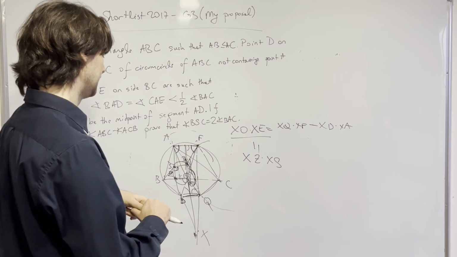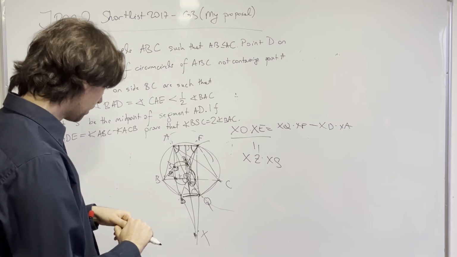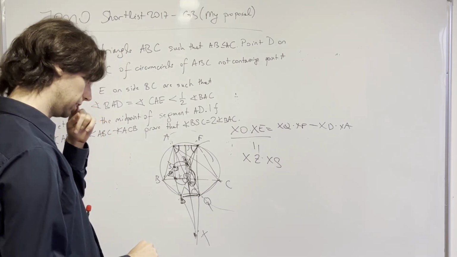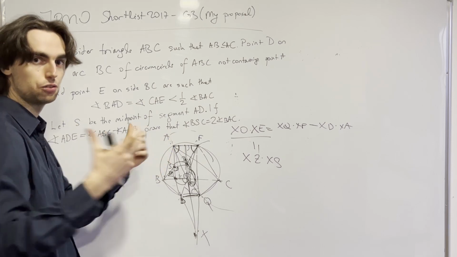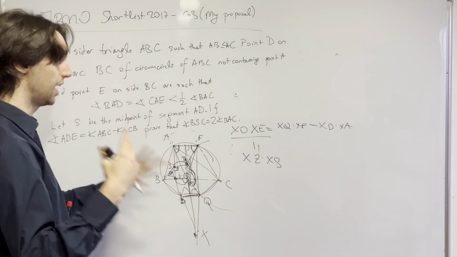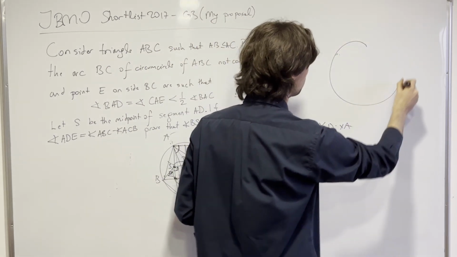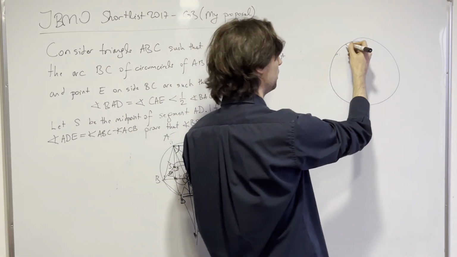And now, what do I also have? I am going to actually invite you here to look at these powers of points, and if you don't have a lot of practice with power of point, I think this is a good place to see how it works.